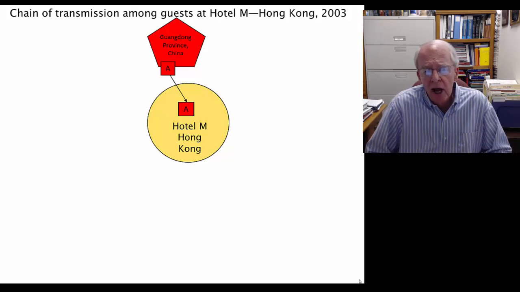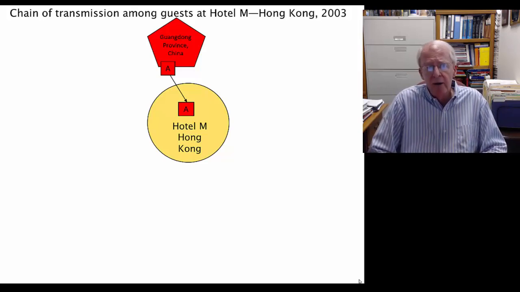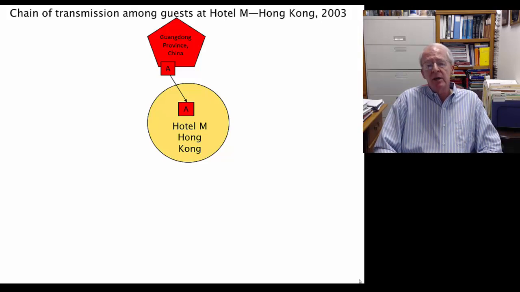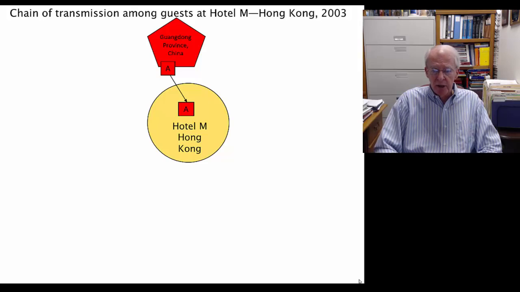He was ill on arrival at the hotel, the Hotel Metropole, and he went straight to his room on the 9th floor where he stayed for 24 hours. By that time, he was seriously ill, recognized the need to be hospitalized, and was hospitalized in a local hospital in Hong Kong, and unfortunately died.